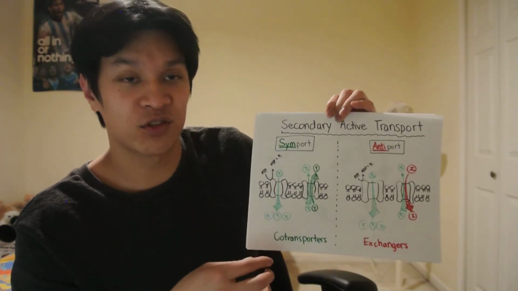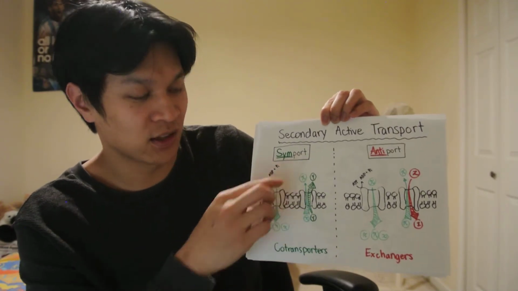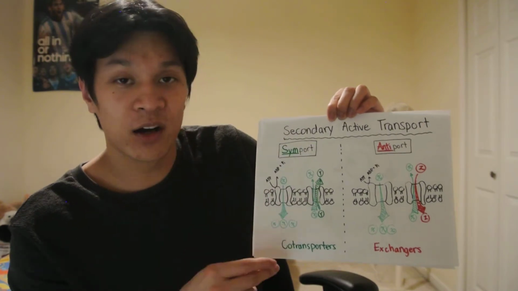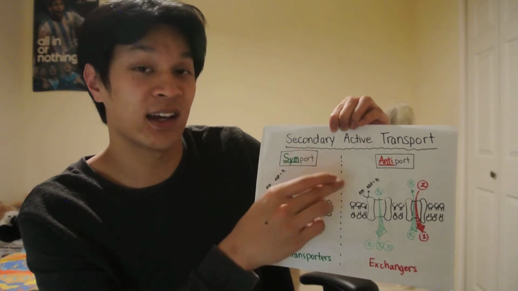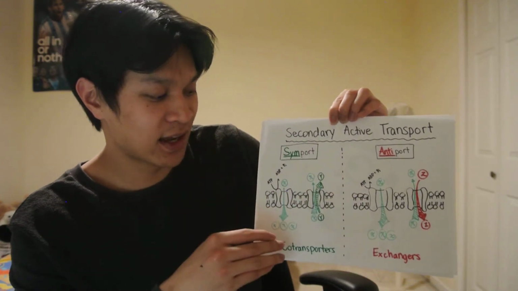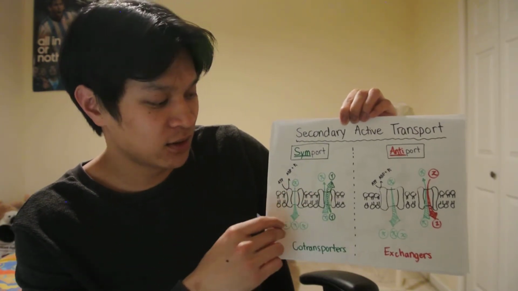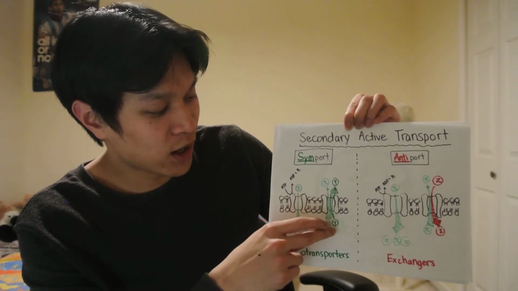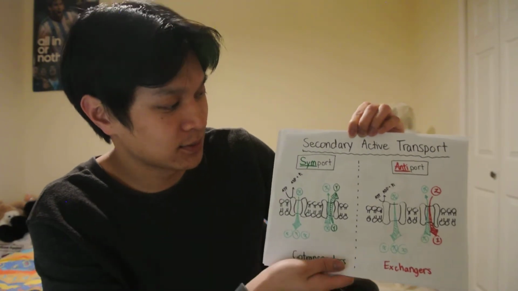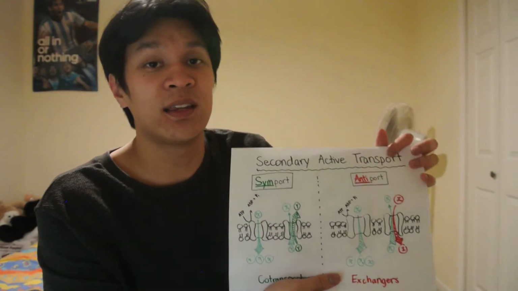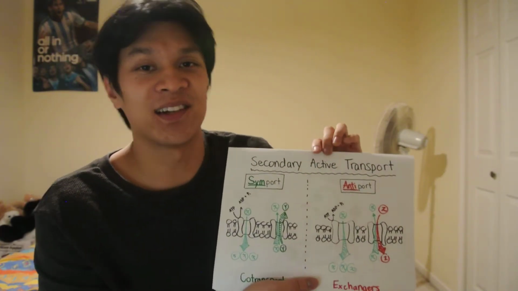So we established this concentration gradient. So we're not going to need any more energy to get X back to the other side, because it's just going to diffuse down its concentration gradient. But Y in this case is just going to tag along, and because we put in energy through ATP to develop this chemical potential energy, we can harness that energy just to move Y against its concentration gradient without adding any further energy. Okay, so that's the mechanism of secondary active transport.